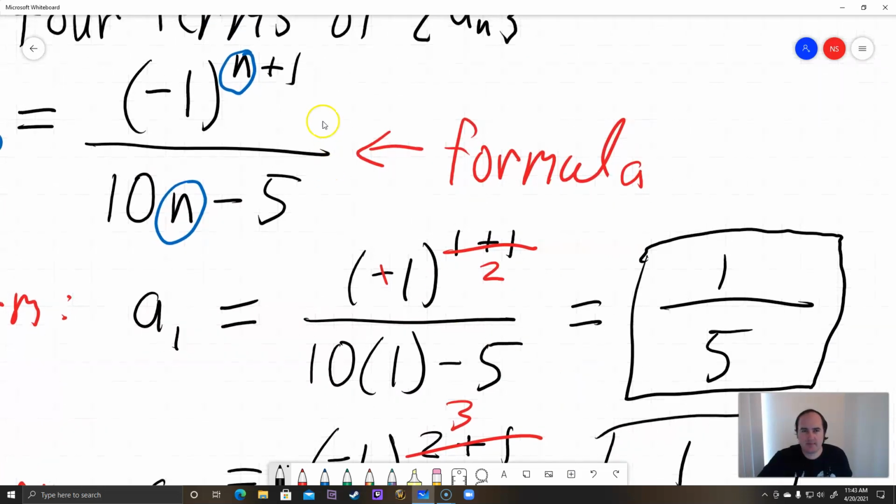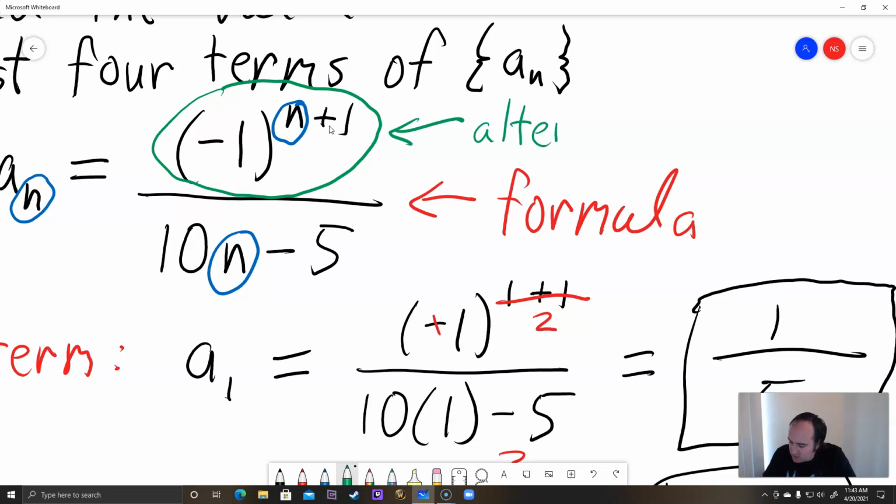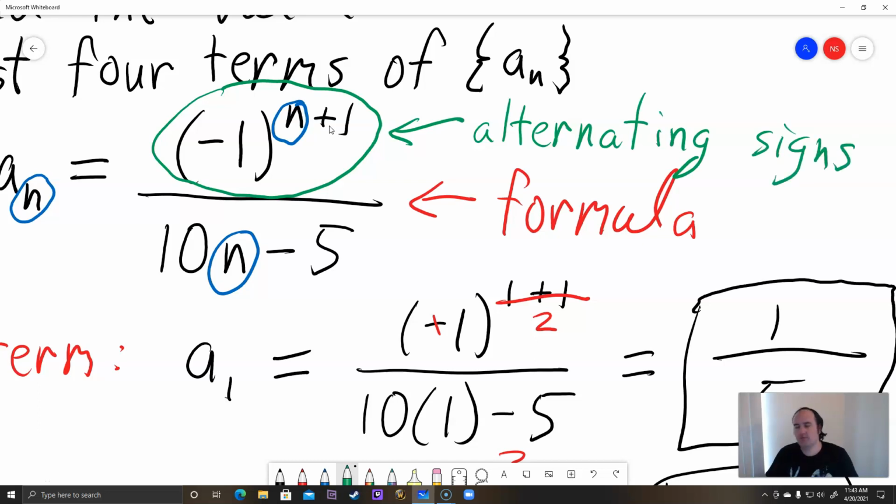And the reason that happened was because of the -1 to the n plus 1. So whenever you have something like -1 raised to a power, this alternates the signs. So we call this alternating signs because each term changes sign from positive to negative or negative to positive.